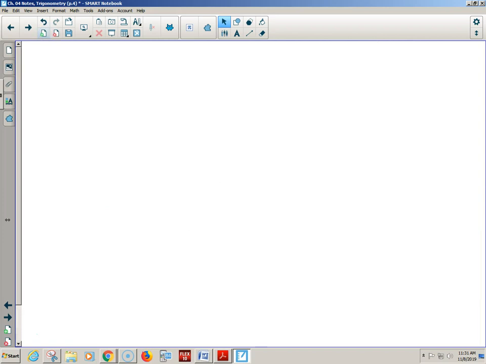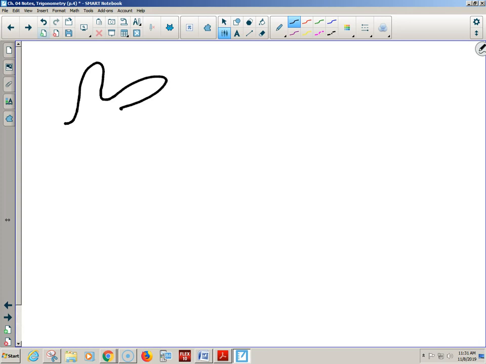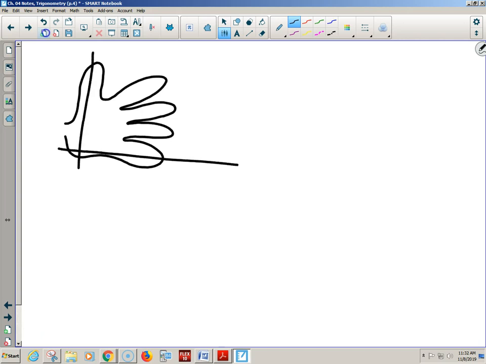The finger wag is kind of silly and kind of cool. Because if I was to trace my hand, I know, I'm just making it somewhat proportional. Could this kind of be like the first quadrant?